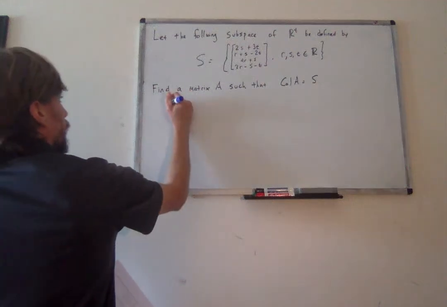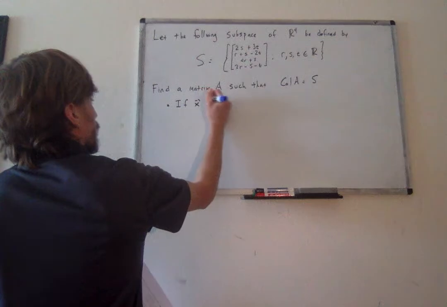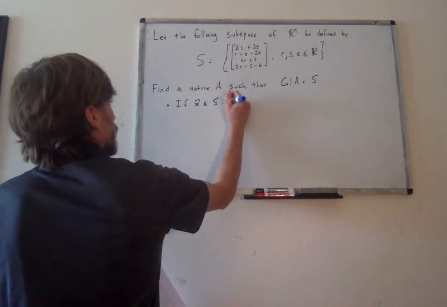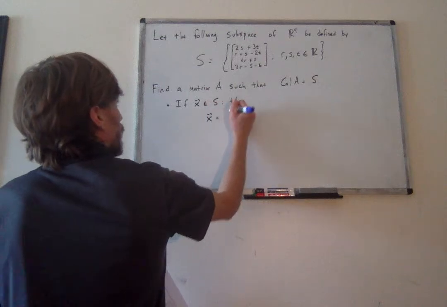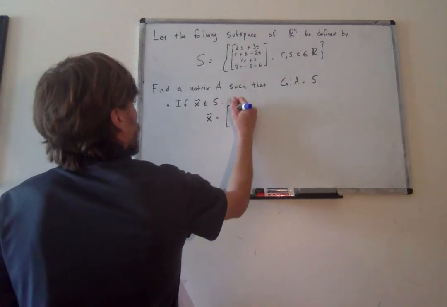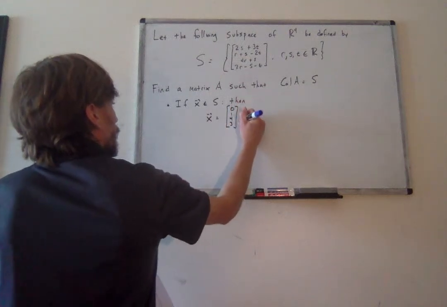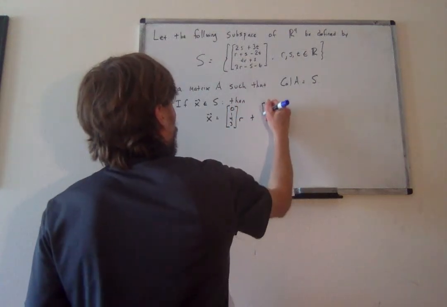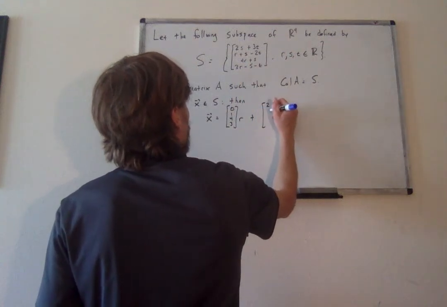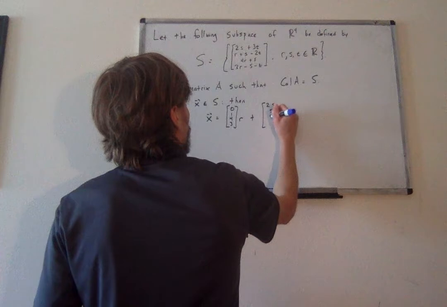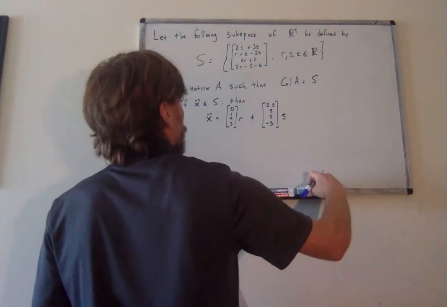So what I mean by that is if X is in S, notice that means I can write X in the following way. And all I'm doing here is splitting up this one vector defining S into its component parts of, oops, sorry, it shouldn't have S's in here.